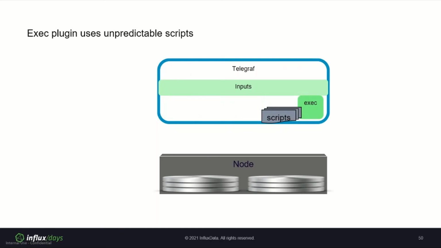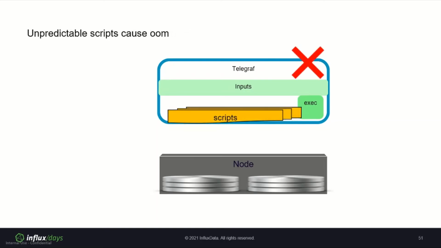We remembered that for some metrics which were not available in our service, we wrote a few scripts which were called from the Telegraf exec input plugin to gather these metrics. It turned out that on some customer environments, on some conditions, these scripts may consume much more memory than we expected. And these scripts caused out-of-memory issues in the Telegraf container.